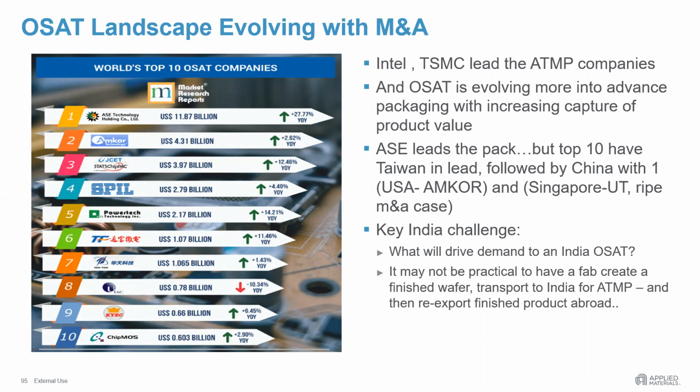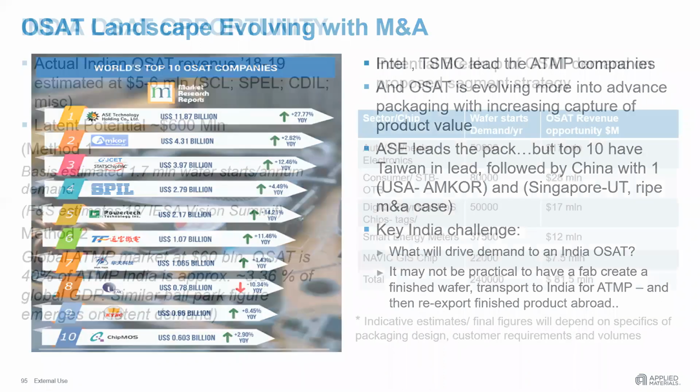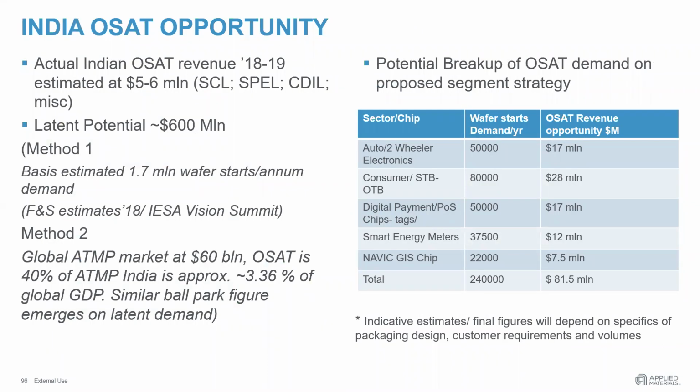They have moved beyond it, and we'll understand what the latest advanced packaging is that is being talked of, how these people play in it, and what the technology trends and possible manufacturing directions are in that area. So if you take a look at it, it's not that the OSAT opportunity is small. We believe that the latent potential for this is around $600 million. There are two different methods by which we estimated this, and we looked at what could be a segment strategy that could drive it.